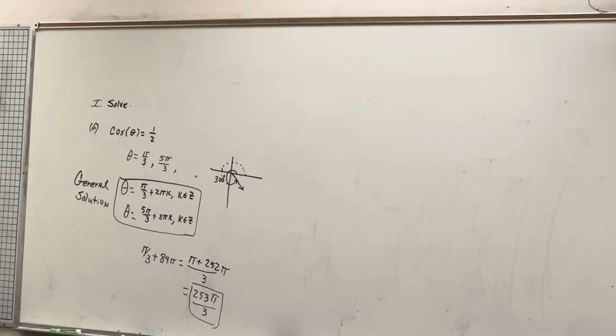Okay, the way we wrote this up, you may replace K by any integer, it's going to give you 1/2 when you take cosine. And that's what they want, it's called a general solution.